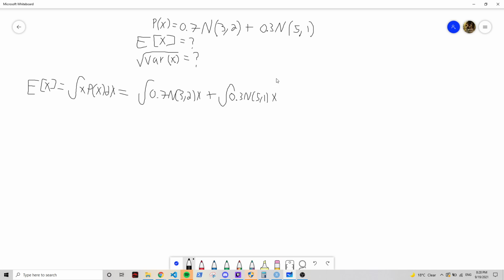Of course we can take out the constants here. So we got 0.7 times the integral of x times the normal distribution N(3, 2), plus 0.3 times the integral of x times the normal distribution N(5, 1).